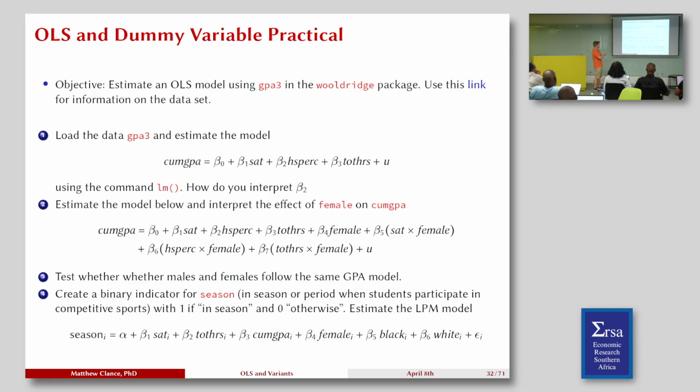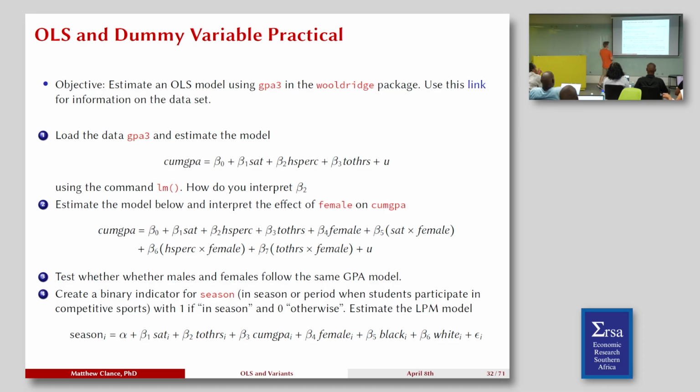We're also going to estimate a more advanced model that allows for interactions on several of the variables. Then we want to test whether there are differences between males and females. Do they follow the same model? Should we even be caring that there are differences, or should we just be estimating one model and not caring about gender?